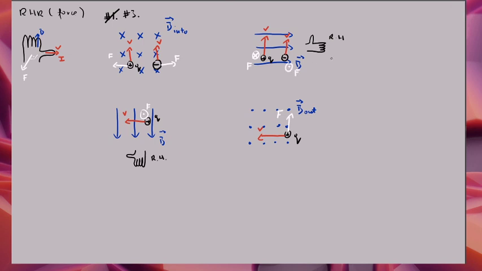Move on to the next one. If I put a negative charge here, and I let this negative charge move with a velocity v to the right, I'm sorry, to the left, then the force acting on this charge will point in the opposite direction. We'll have the same magnitude, but it will point in the opposite direction of the force above, and therefore this would be into the page. And then the last one here, let's add the magnetic field.